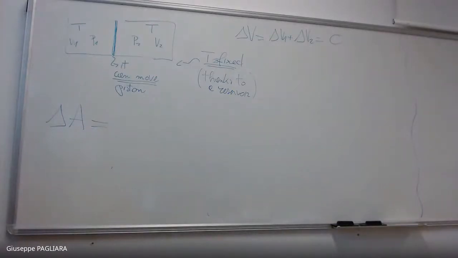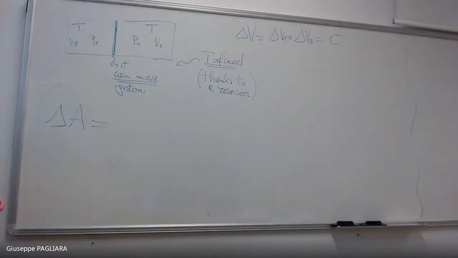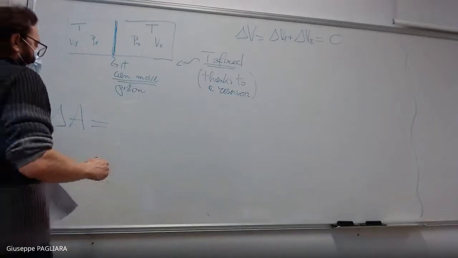And the second principle of thermodynamics tells me that the variation of the free energy must be smaller than 0. So the system evolves towards a situation that minimizes the Helmholtz free energy.